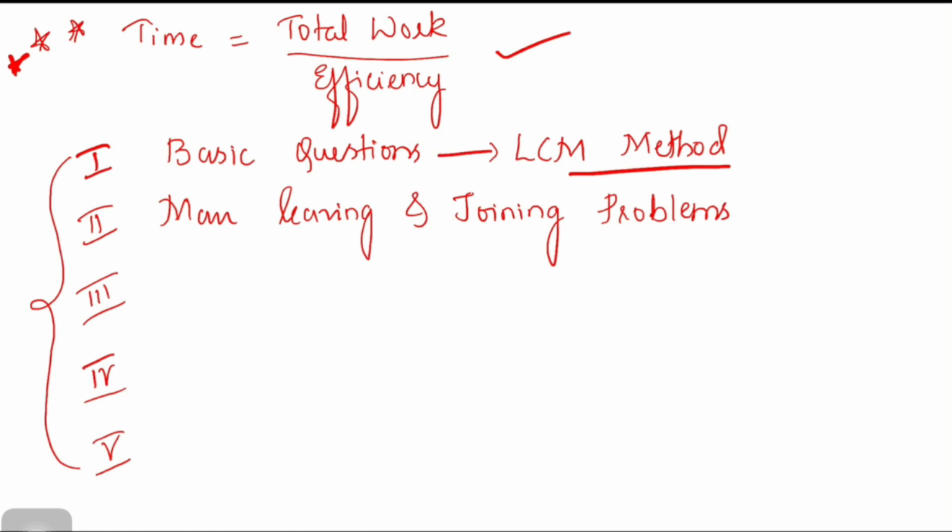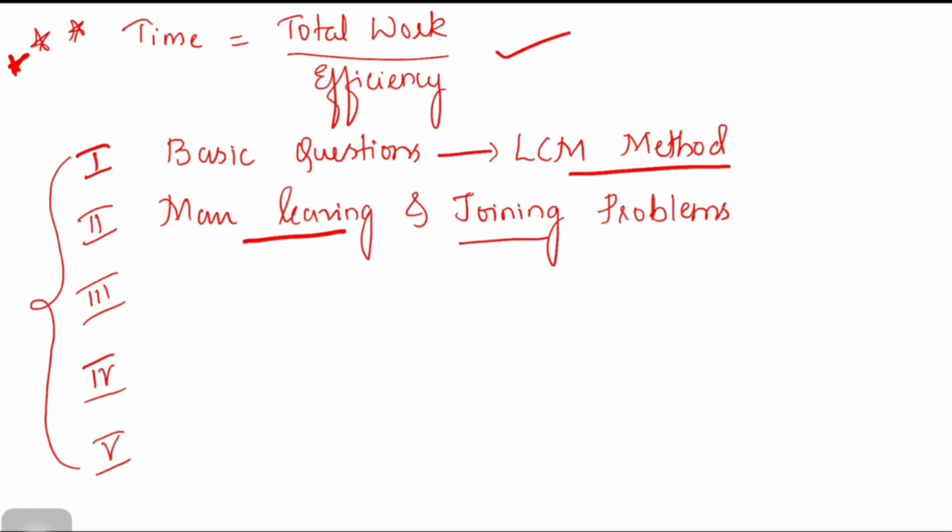So this means man leaving. And after some days some person might join the work, isn't it? So those problems we have divided as man leaving and joining problems. So how to deal with these kinds of problems we'll see.